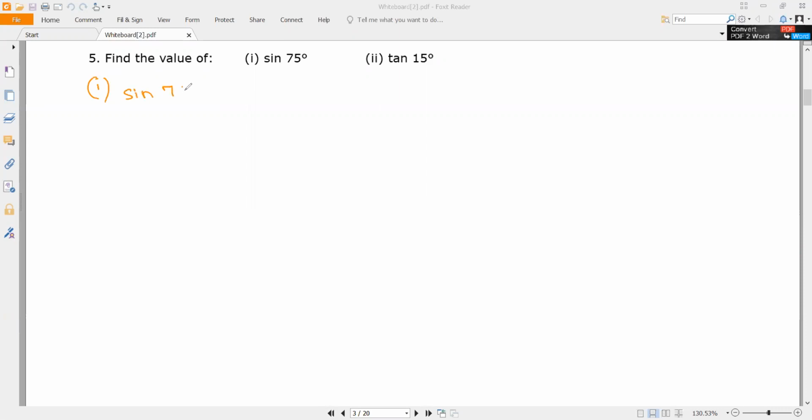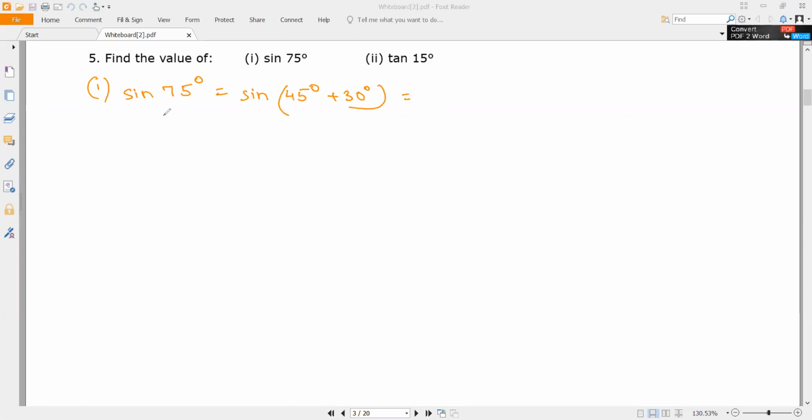Sine 75 degree. Now, you do not know the value of sine 75, so 75 can be easily written as 45 degree plus 30 degree. This is sine 45 degree plus 30 degree.